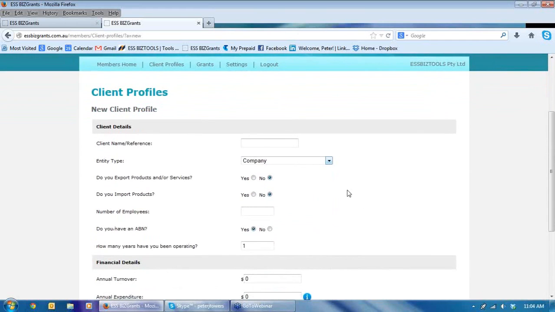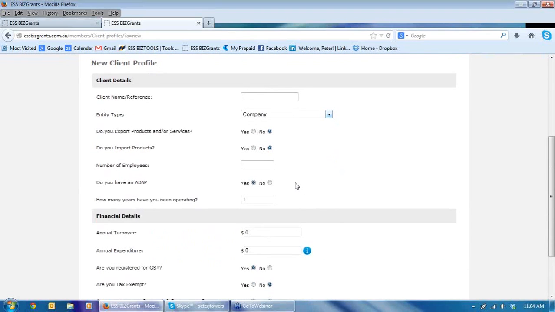The key questions we have then relate to exporting and importing of products. What we're trying to do there is to get a linkage to some specific grants for both of those activities. The number of employees is important for a number of grants, primarily in the states and territories.